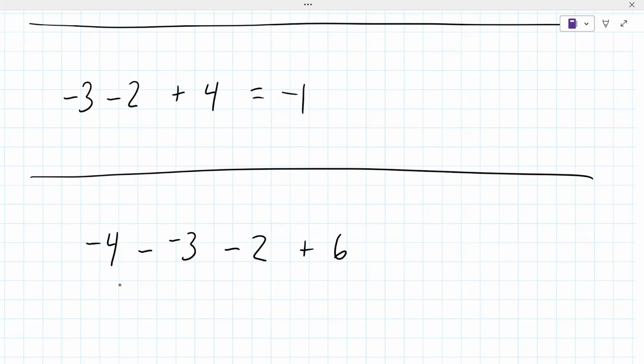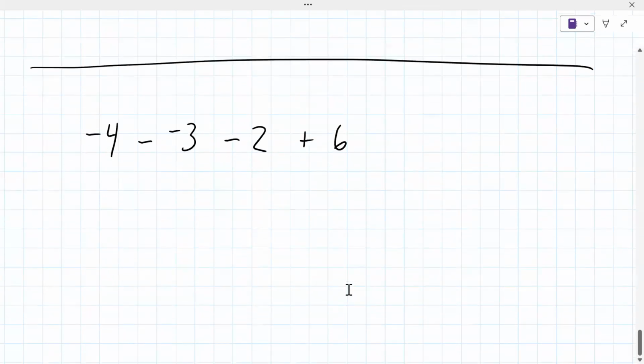Then subtract -2 plus 6. So this is only 2 subtract 1 plus 6. Okay, I got my final answer. My final answer is +5.